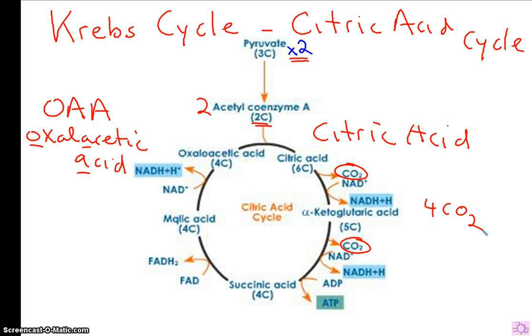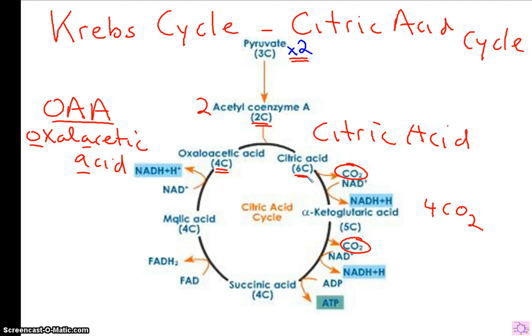The other important thing to look at here is the cycle. That's why they call it the Krebs cycle, the citric acid cycle. The acetyl-CoA, which is 2 carbons, gets combined with this molecule called OAA, or oxaloacetic acid. So 4 plus 2 gives us the 6-carbon citric acid. That's where the name citric acid comes from. And this is slowly broken down.